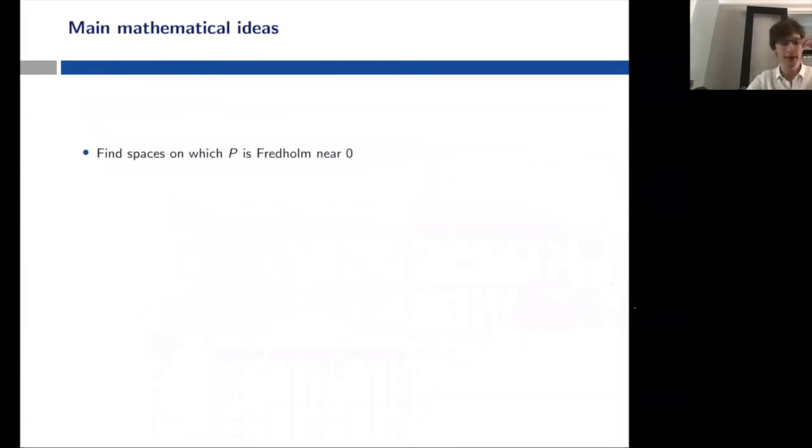So how does one typically do this? The robust way of doing this is to find spaces on which your operator P is Fredholm for energies near zero, right? So again, I'm asking that P minus omega be Fredholm for omega small. And again, I want to stress that here the energy honestly matters, right?